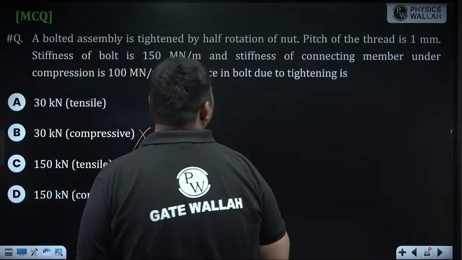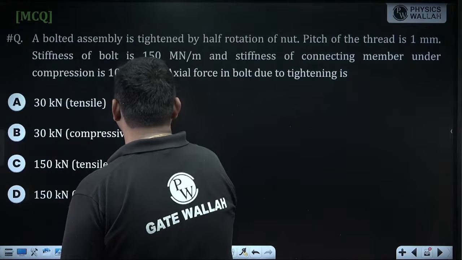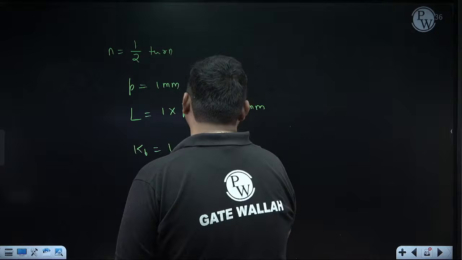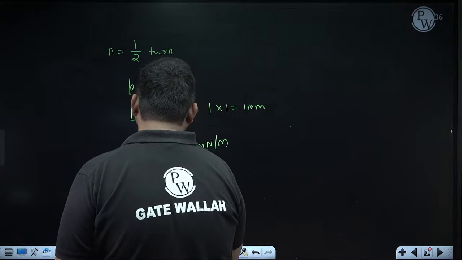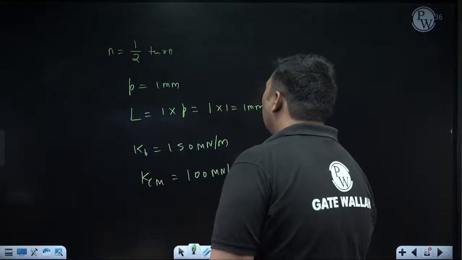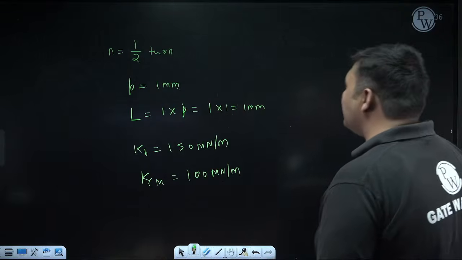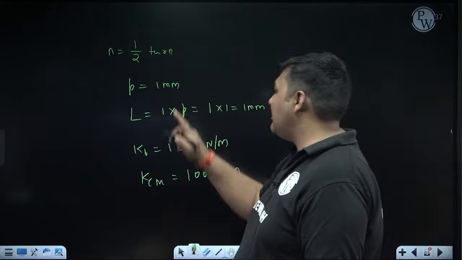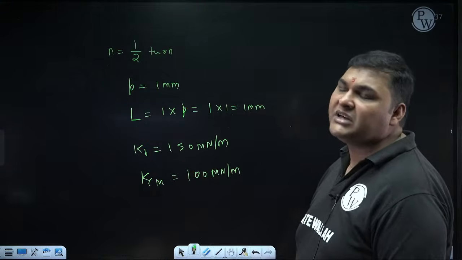Okay. Now the stiffness of the bolt is given. It is 150 meganewton per meter. The stiffness of the connecting member, KCM, is given. It is 100 meganewton per meter. Okay. Now see, the examiner is asking for preload ultimately in kilonewton, and these data are given in meters. So first I decide the units.